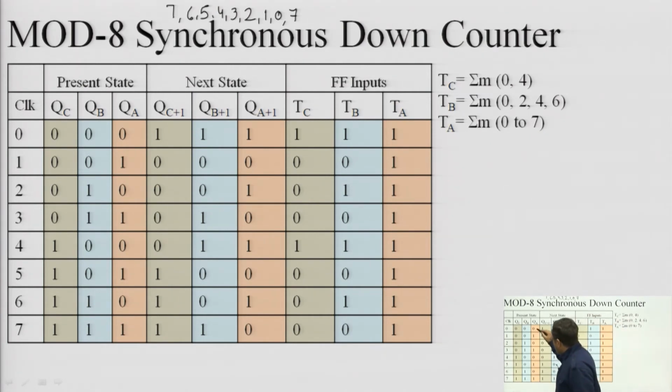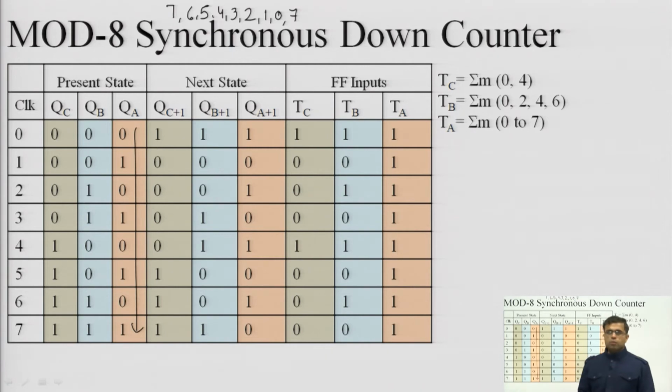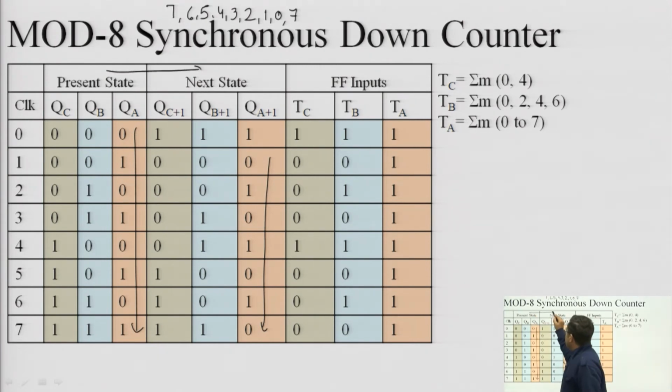The rows do not decide whether the counting is up or down. The transition between the present and next state decides whether the counter will be an up counter or down counter.